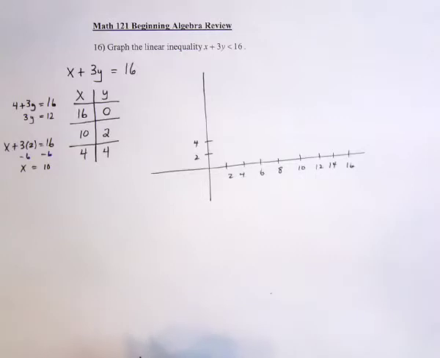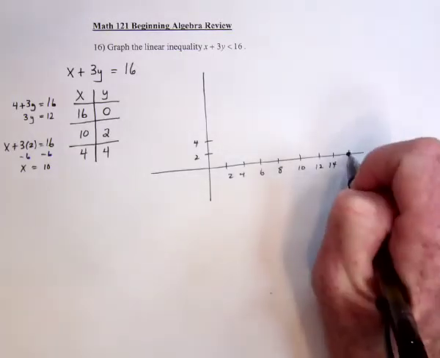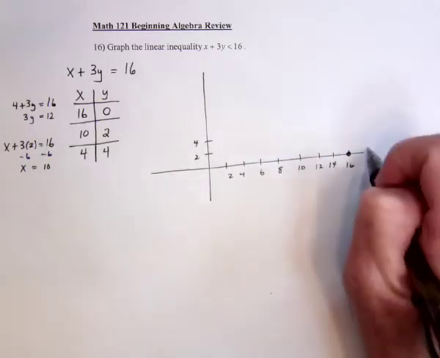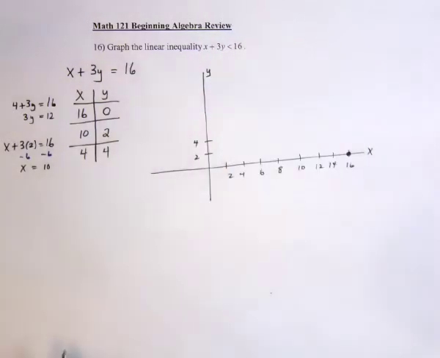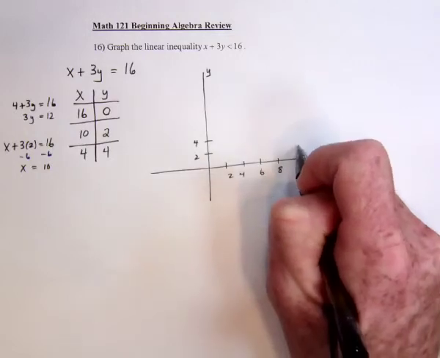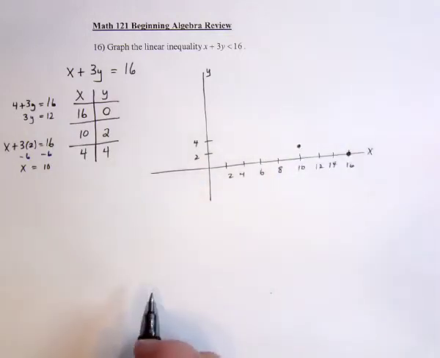And then graph the points. So we've got 16 for x and 0 for y would be over here on the x-axis. Next, on the x, go over by 10 and then go up by 2. And then for the last one, it's 4, 4.